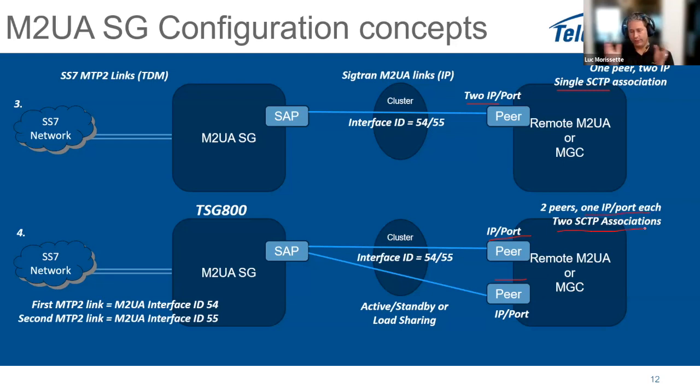That creates two SCTP associations, and you can send traffic on one or the other depending on the mode. If you have active standby mode, it will send only on one, and if that one is down, it will send on the other link. If you use load sharing, then it's going to balance the traffic between those two SCTP associations.